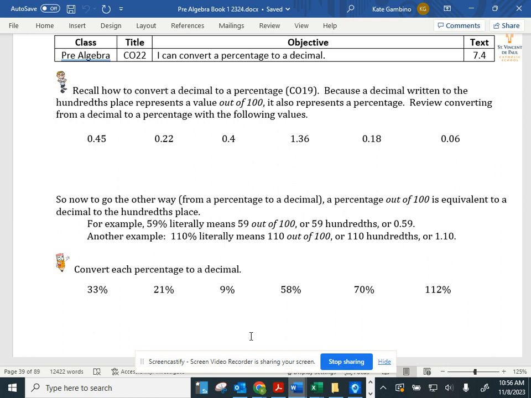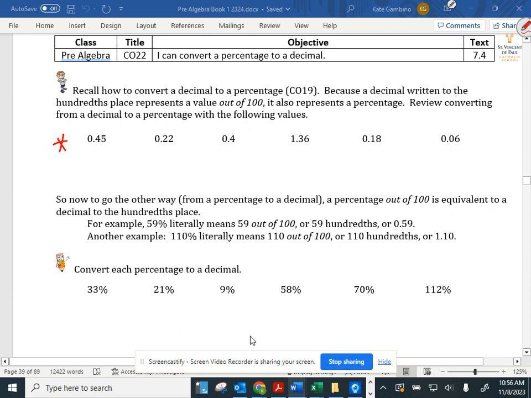So remember how to turn our decimals into a percent and write down the percentages right now. So turn each of those decimals into the correct percentage.